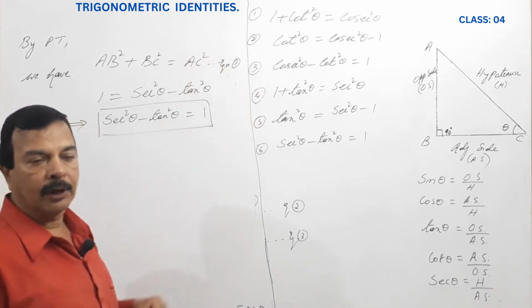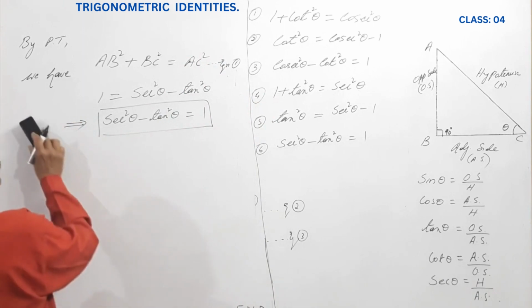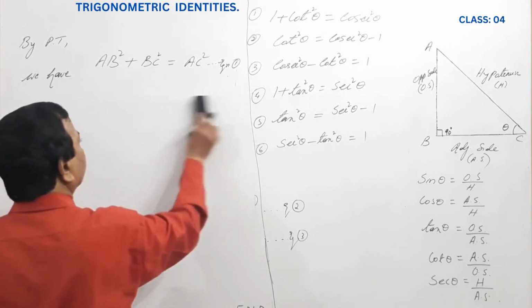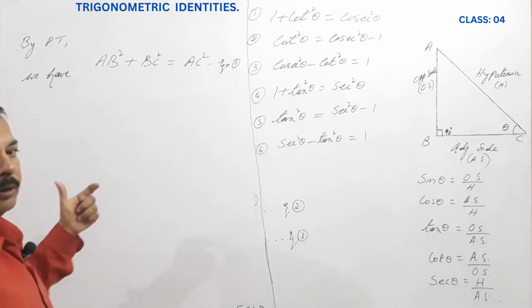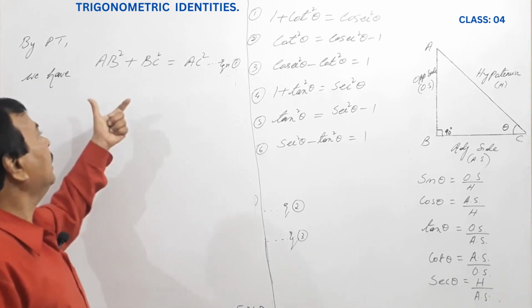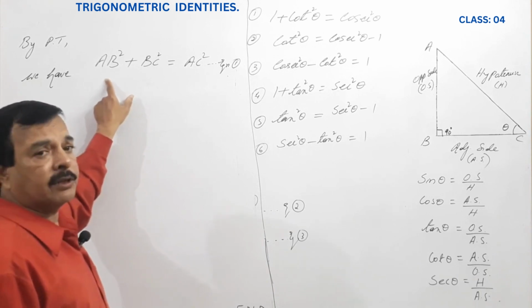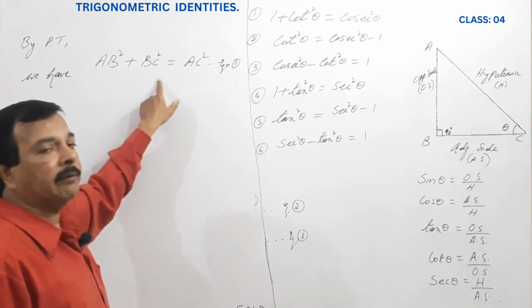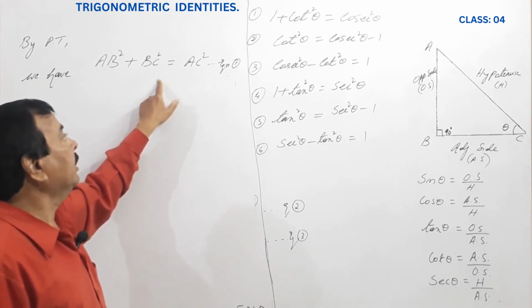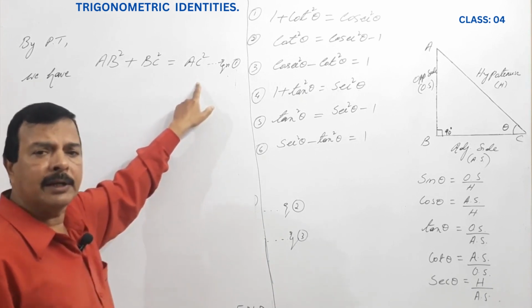Let us see 3 more relations. Now, in the earlier case, we divided this equation, this Pythagoras theorem, first by AB square, then the second time by BC square. Now let us see, we will divide it by AC square throughout.